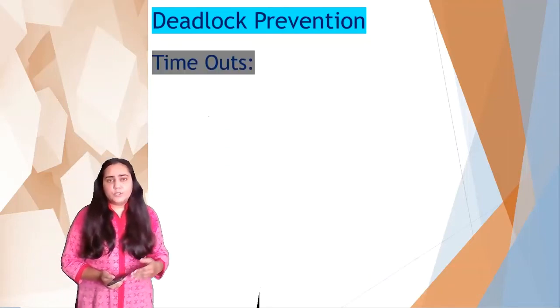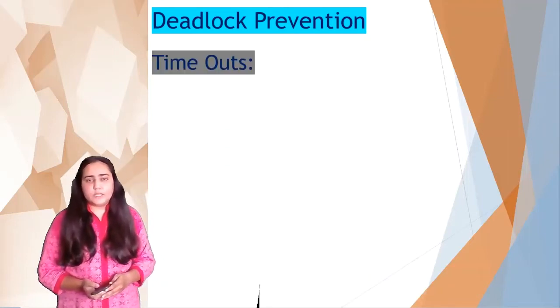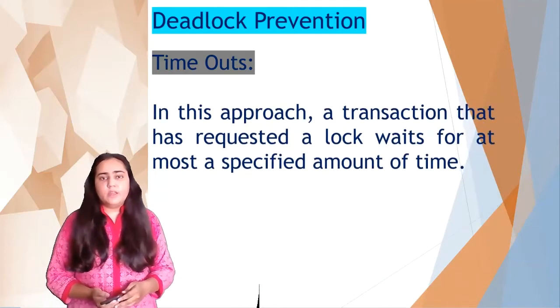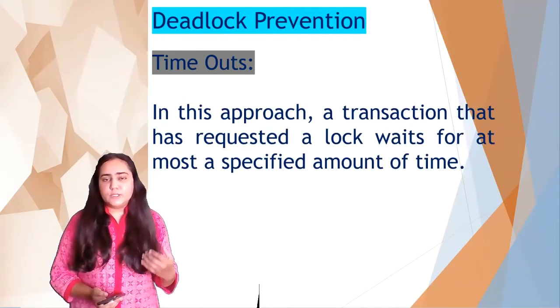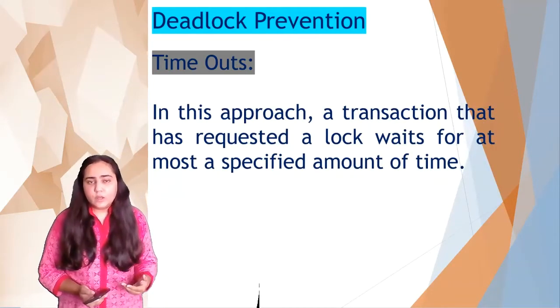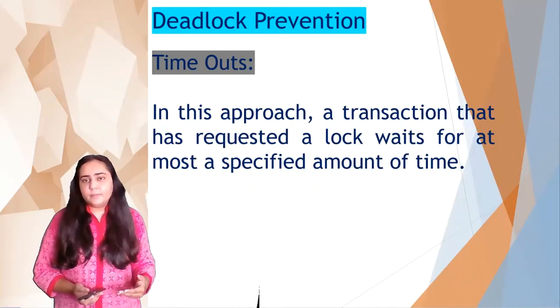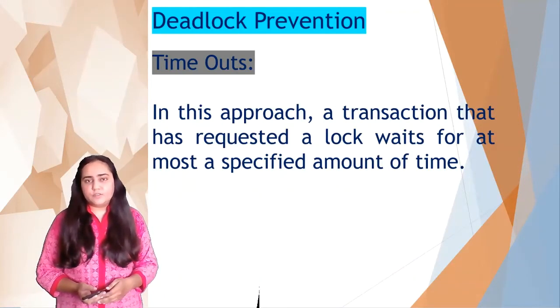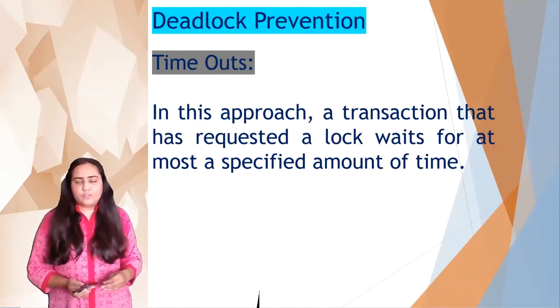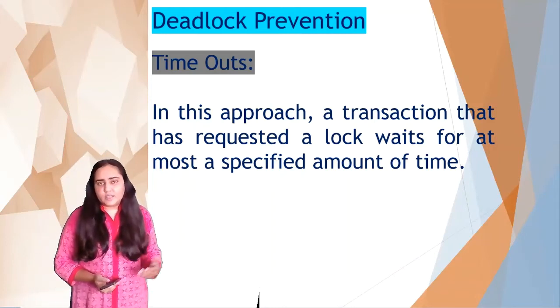This brings us to our last deadlock prevention technique, which is known as timeouts. In timeouts, a transaction that has requested a lock waits for at most a specified amount of time. So if the time specified is, say, 10 seconds, then the transaction waits for 10 seconds.